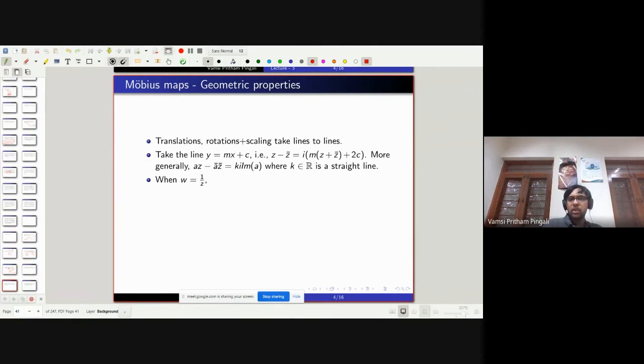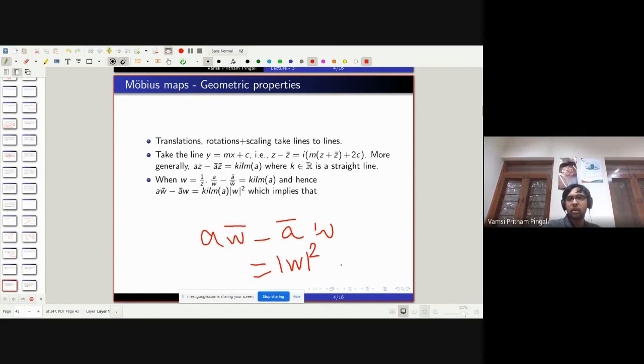So when w is 1 over z, if I replace z by 1 over w, I get a over w minus a bar over w bar is i times something, which should be the real part technically. Therefore, you can see that a w bar minus a bar w is mod w square times something. We don't care what it is exactly. So that means that now you can complete the square.